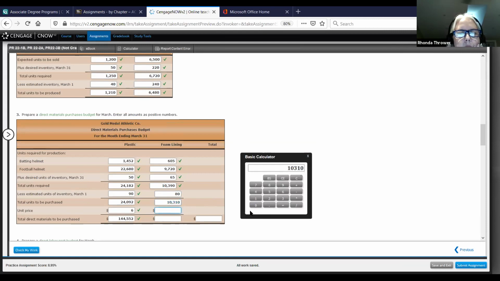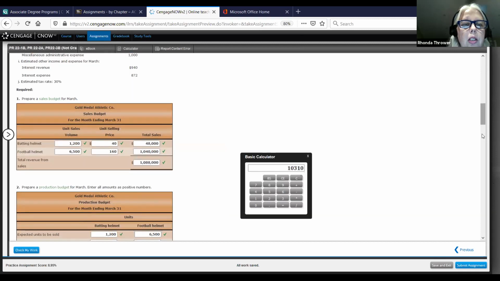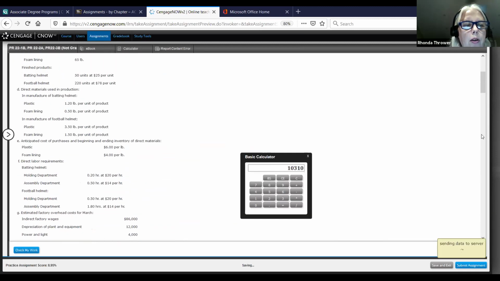And we're going to multiply that 10,310 by the unit price of the foam lining. So the price for the foam lining is $4 per pound.